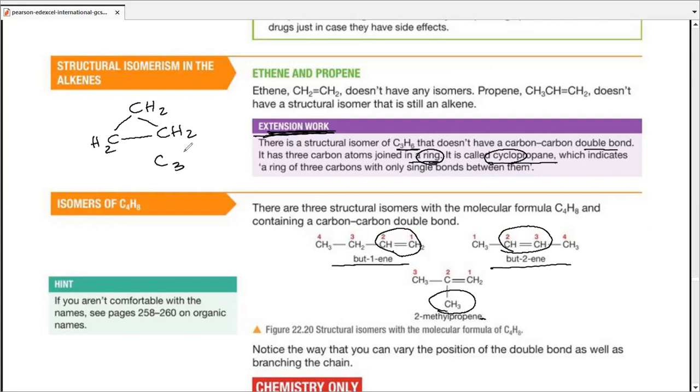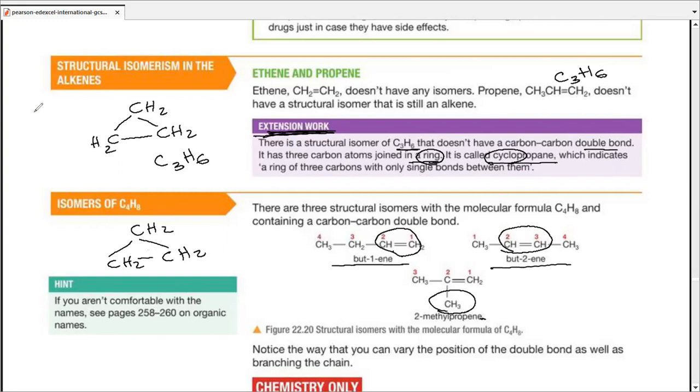This one is also C3H6, but it's not doubly bonded. Why is it H2C? You can write it CH2 or you can write it H2C. That's fine. It would still be the same structure.